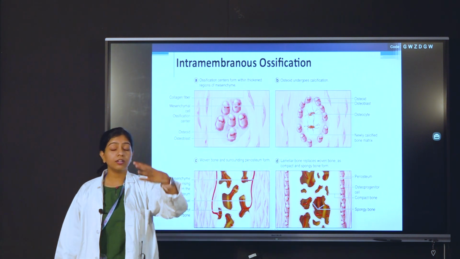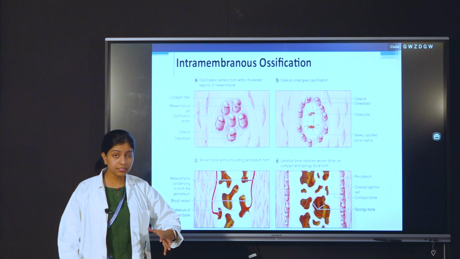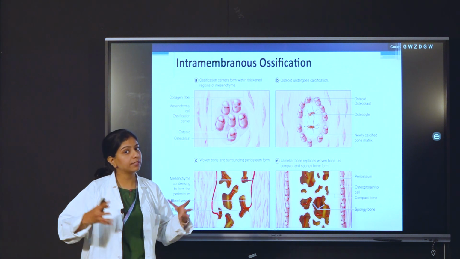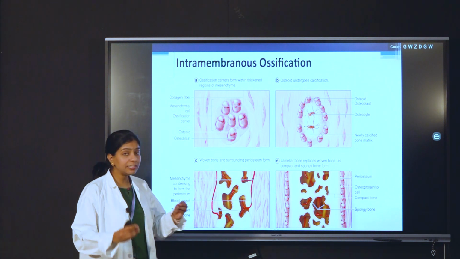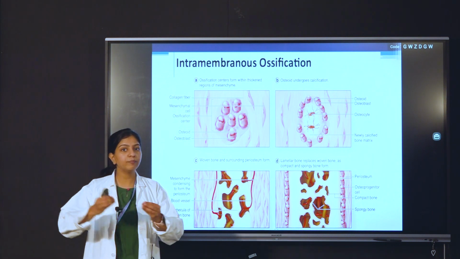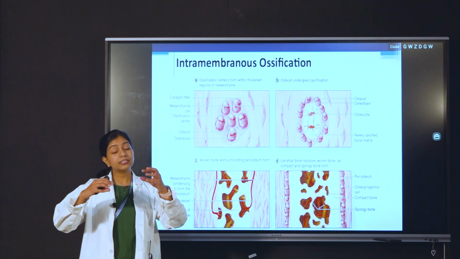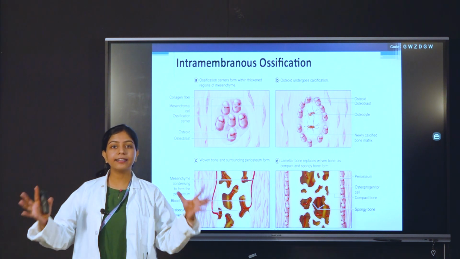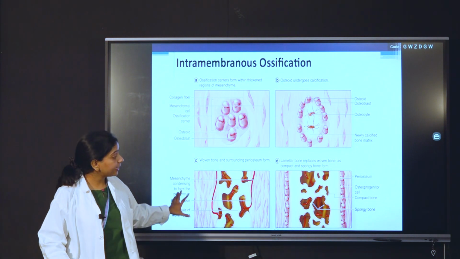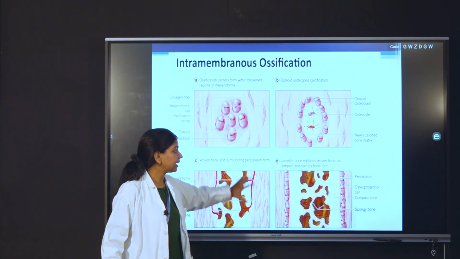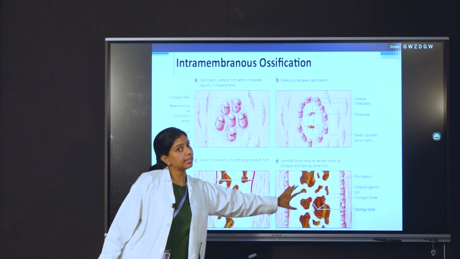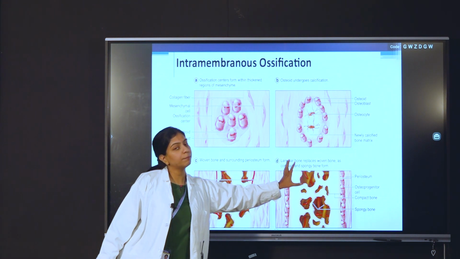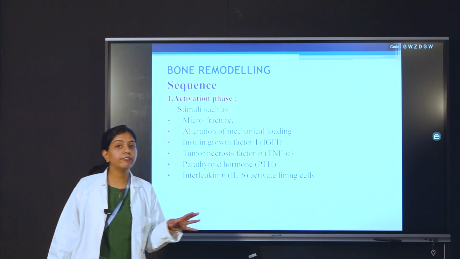Once they differentiate into osteoblasts, they start forming the bone matrix. Initially they form small spicules of mineralized tissue. These small spicules lengthen, enlarge and thicken, and finally the entire mesenchymal tissue gets mineralized and forms a hardened bone structure. So that is about bone formation.